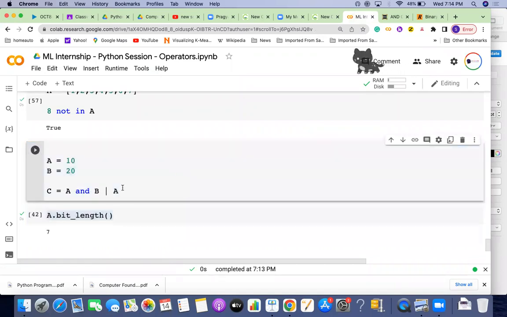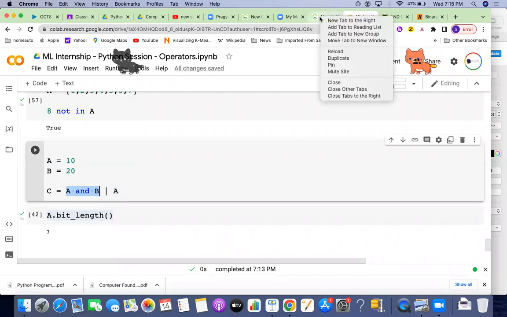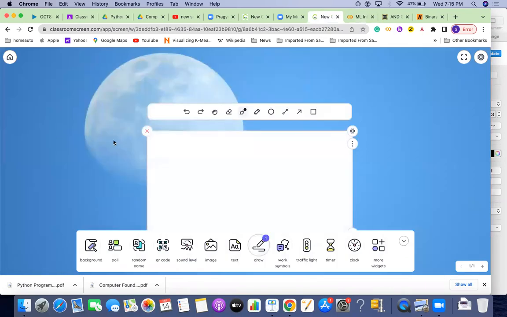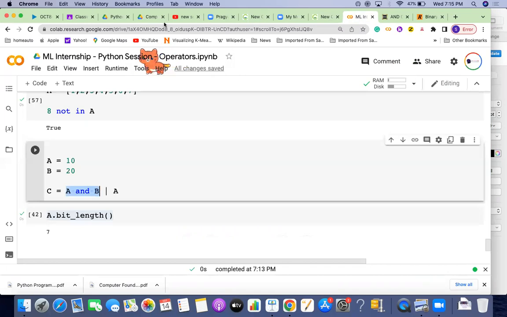Okay, so in this case, there is an AND operator, an OR operator, bitwise OR and AND. Should I first calculate this, or first calculate this, and then take the result and this? How should I go about it? Let me explain.